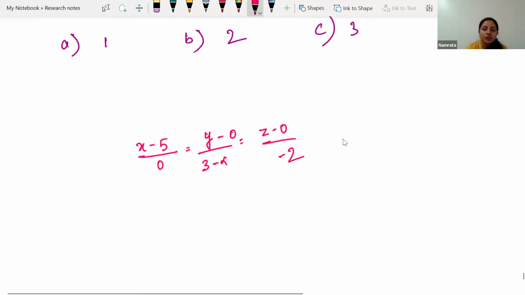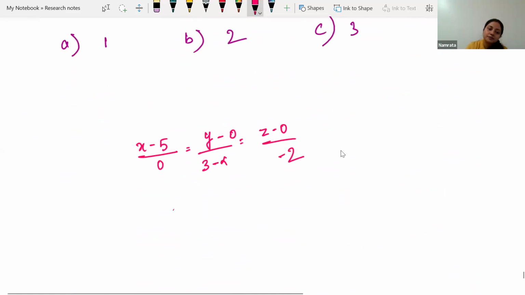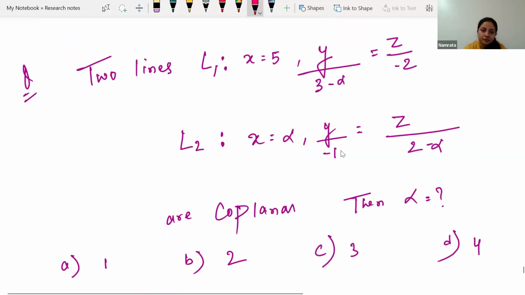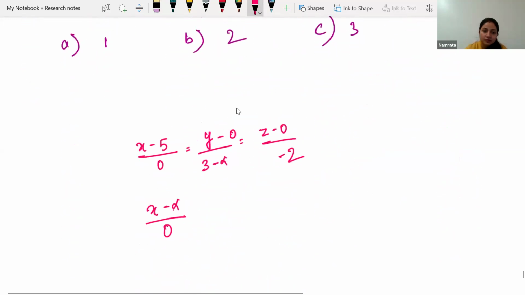This one is one equation of a line, and the other one is x minus alpha over 0. Here options are not given.